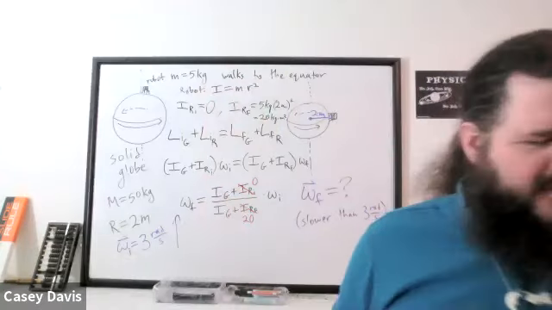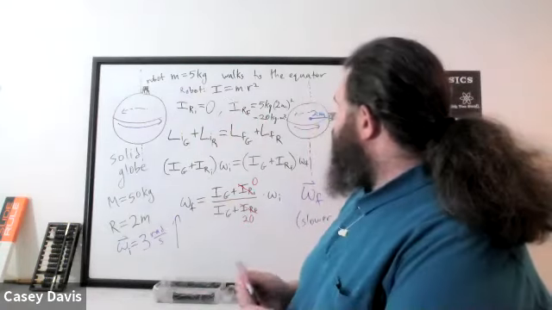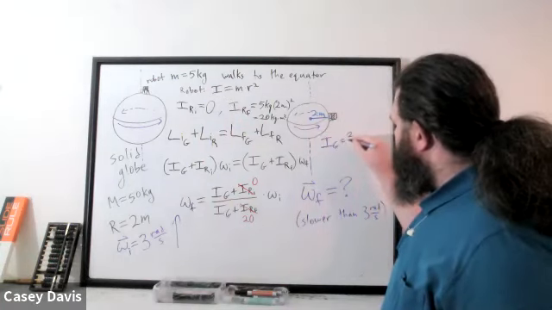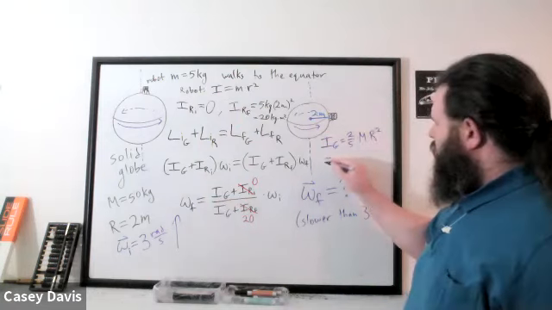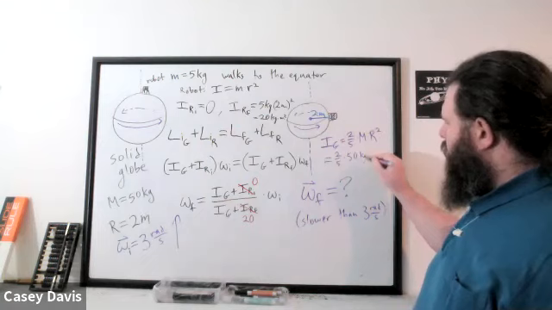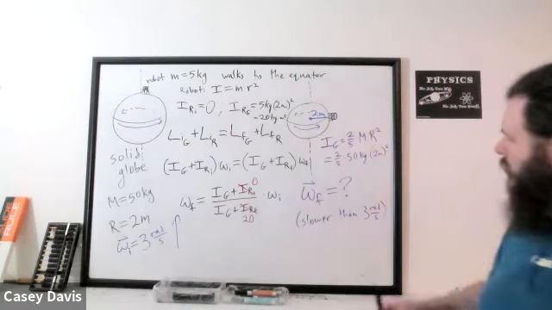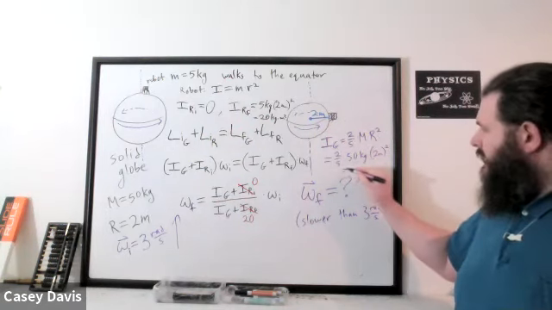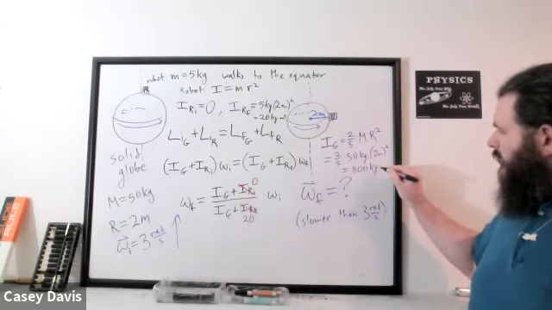Looks like 2/5 mr squared. So 2/5 times the mass, 50, times the radius squared. So 2/5 of 50 would be 20, times 40 would be 800 kilogram meters squared.